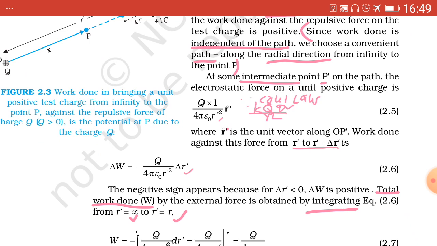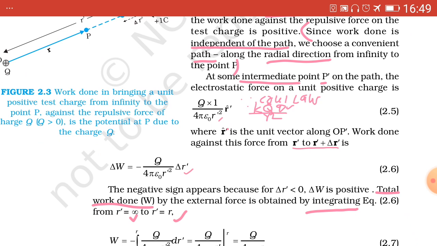For Coulomb's constant K we have substituted 1 upon 4 pi epsilon 0. You can remember it as Coulomb's constant, small k. So delta W equals this, equation 2.6, which has been tick marked. Such work done will be for different points on the path, say delta W1, delta W2 and so on. One intermediate point is shown like that.